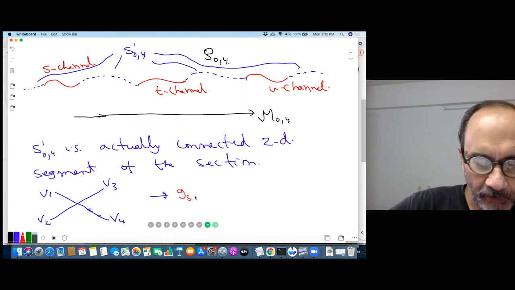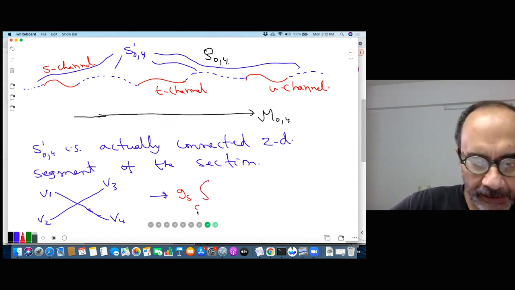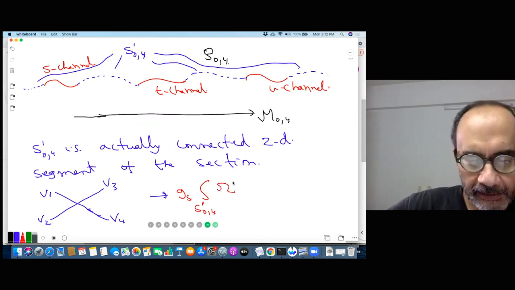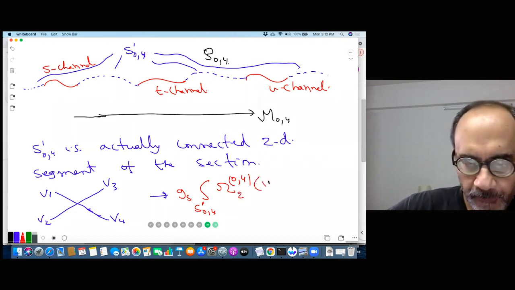All of this I'm reading out from the general amplitude formula that I wrote down. Integral over S prime 04 of omega 04. This is a 2-dimensional section, so we pick the 2 form, with V1, V2, V3, V4.